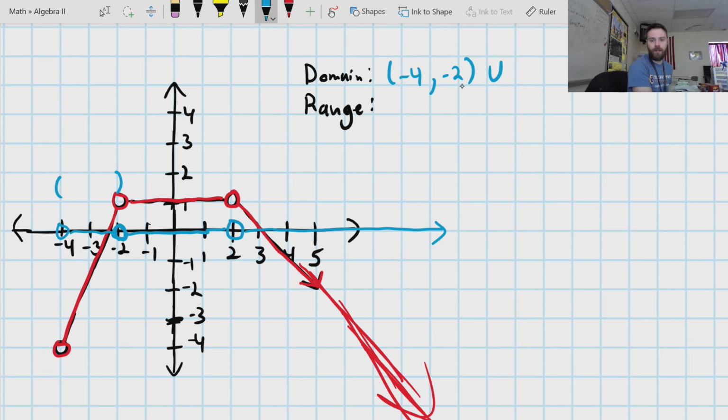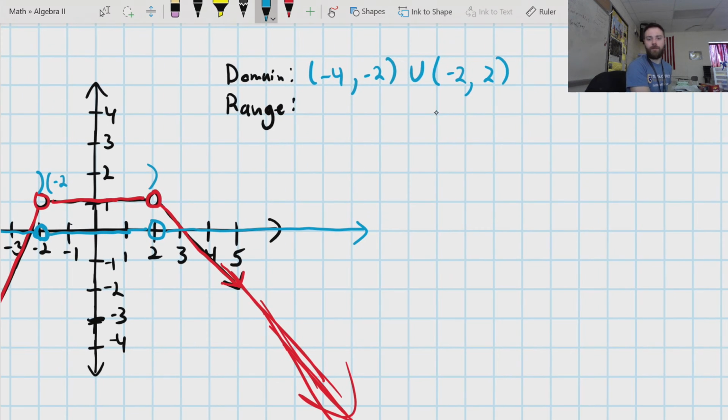So -4 to -2, union, and I'm going to pick it back up at -2 here, all the way to +2. -2 to +2. So what this means is any number between -4 and -2, not including those two numbers, skip -2, and any number between -2 and +2. And then we're going to skip +2.